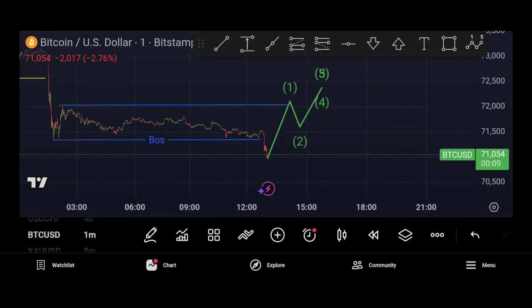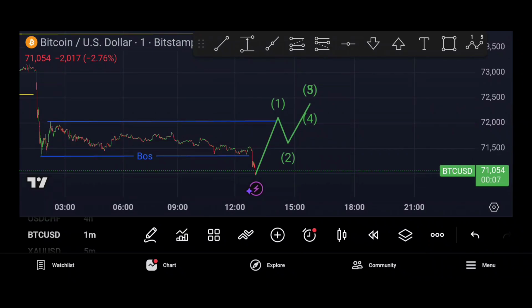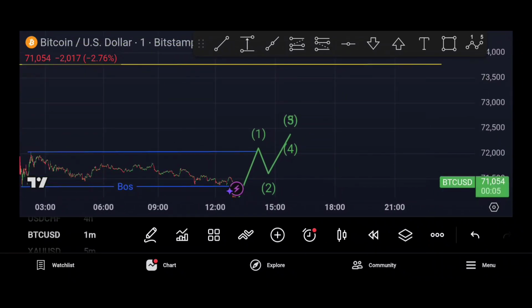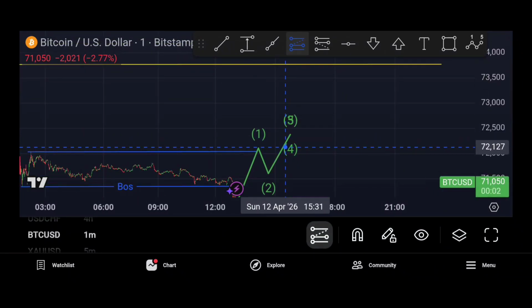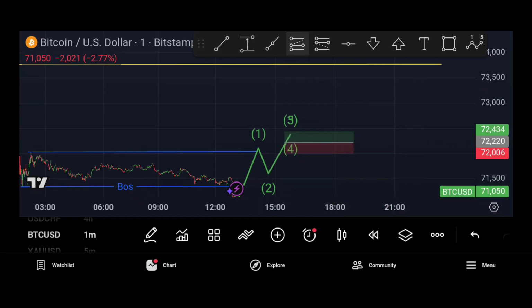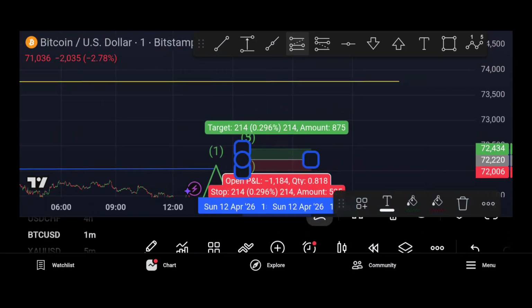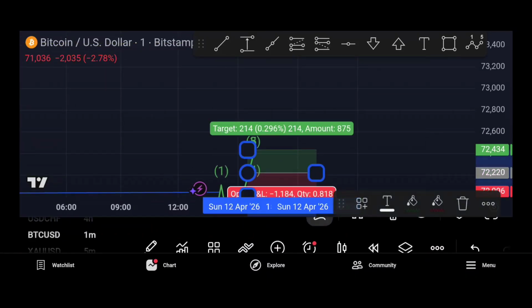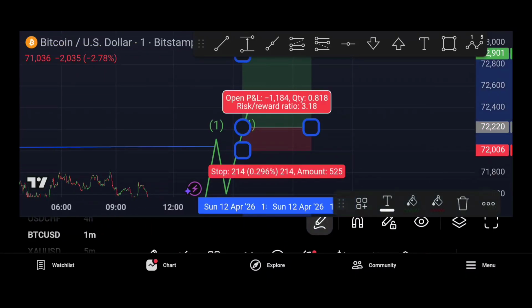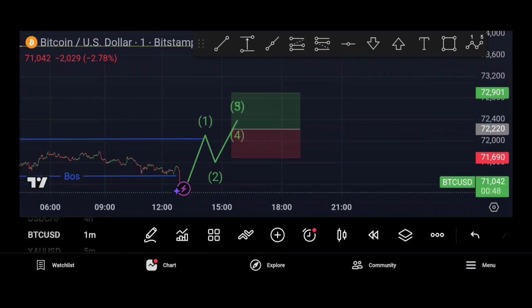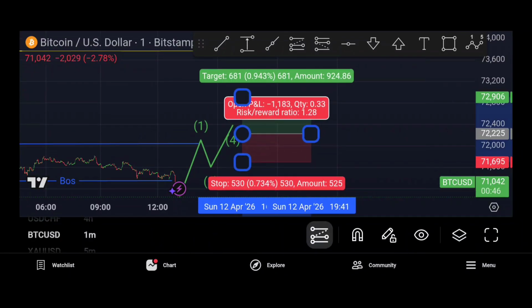If market does break that level, that will be my entry model. Look for buys on any pair of your choice. So my entry will be exactly after a break of my fractal BOS on the 1 minute time frame, exactly there at the break.